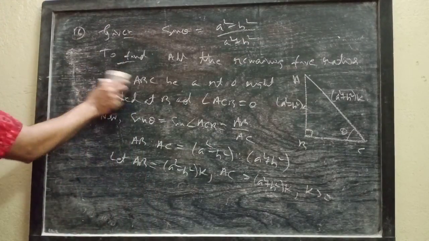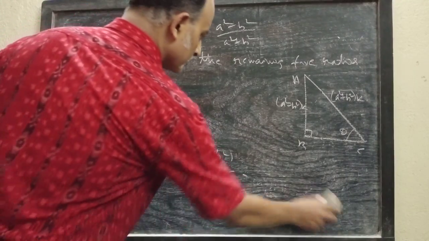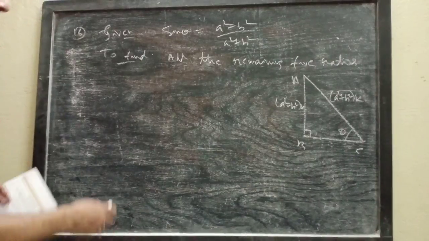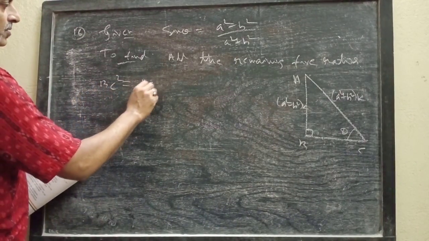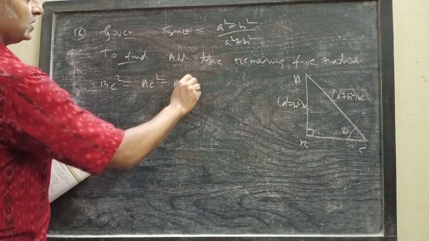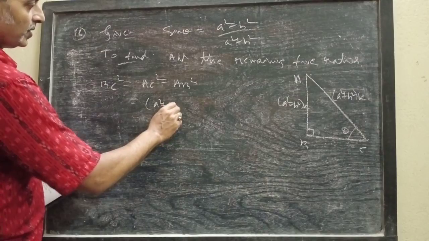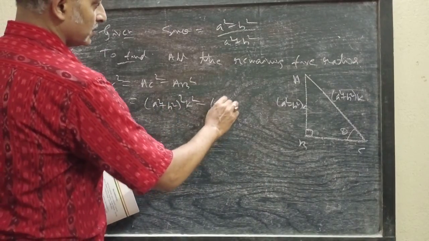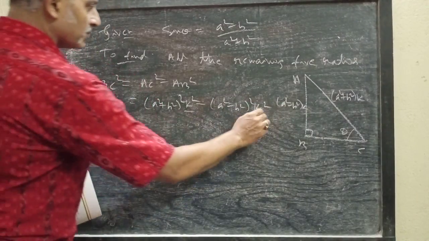Now I am erasing all this. Now by Pythagoras theorem we have BC square equals AC square minus AB square. AC square is (a square plus b square) whole square into k square, minus AB square, (a square minus b square) whole square into k square. Now take common k square.